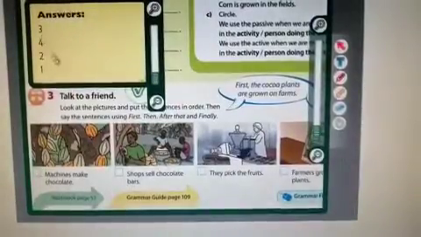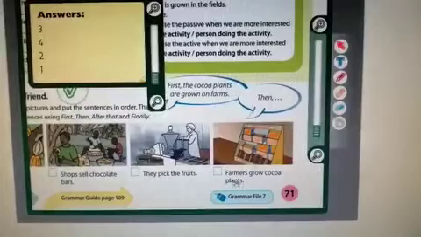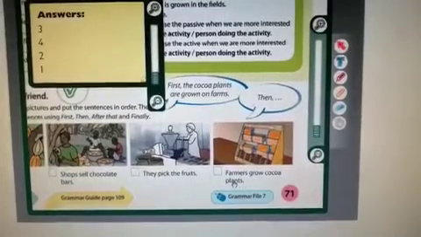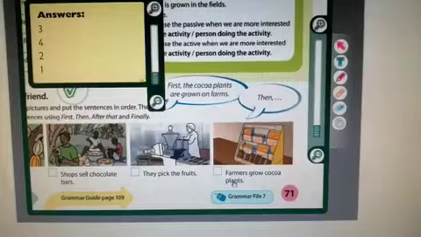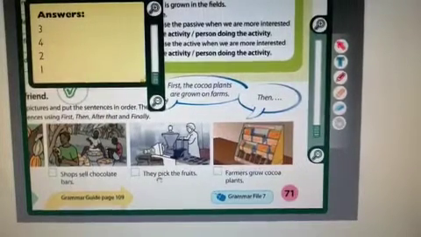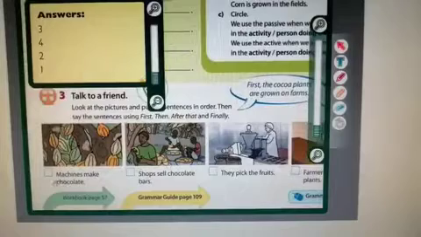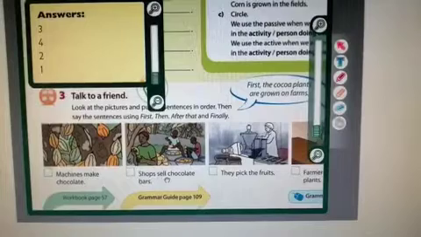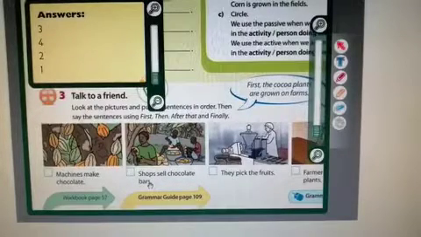Look, this is number 1. Farmers grow cocoa plants. This is number 2. They pick fruits. Machines make chocolate. Shops sell chocolate bars.